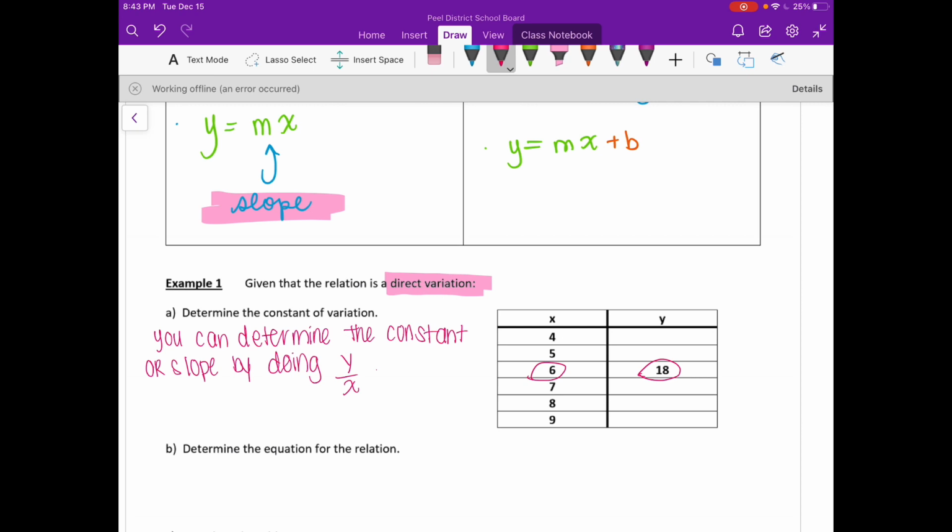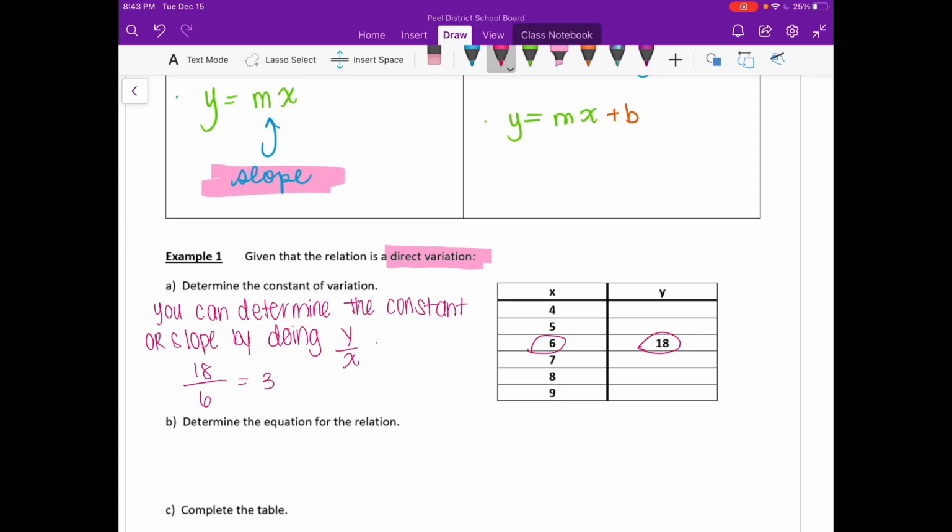In this situation, we can do 18 divided by 6 equals 3. So this is going to go up by 3 each time.